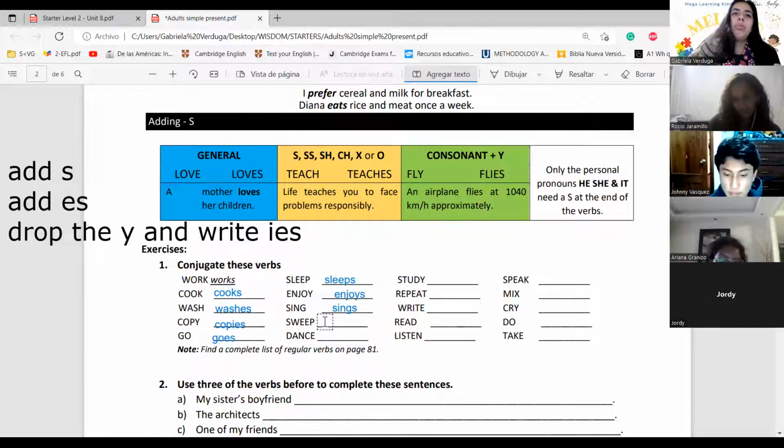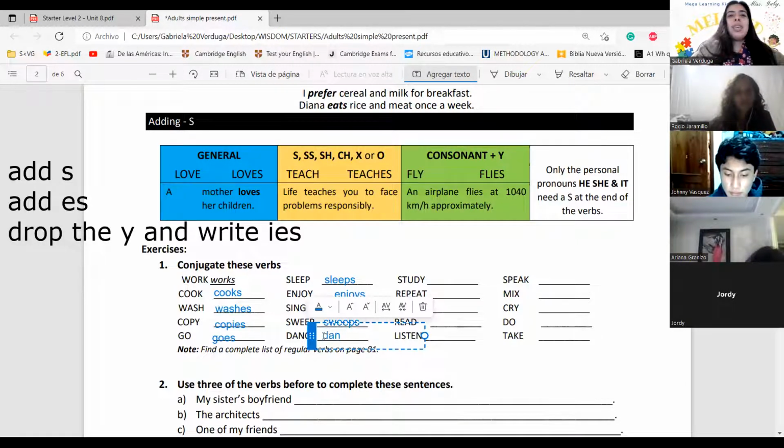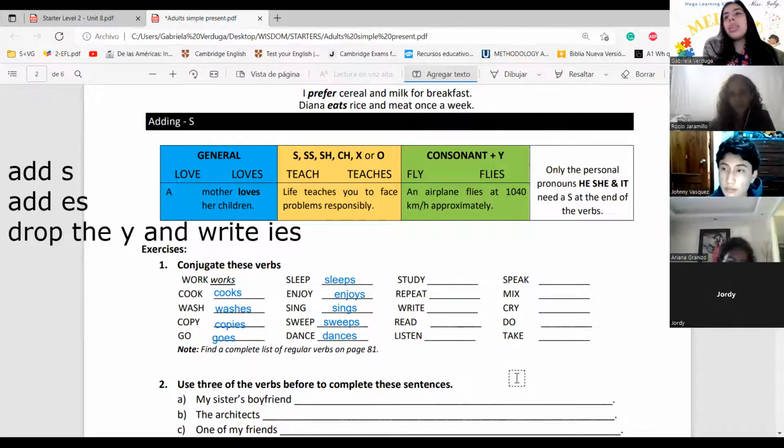Add S. Good. Sweeps. What does it mean? What is sweeps? No sé, la verdad. Sweep means barrer. Yes, that's sweep. Marieli, dance. Dances. You have to pronounce dances. No more. Okay.